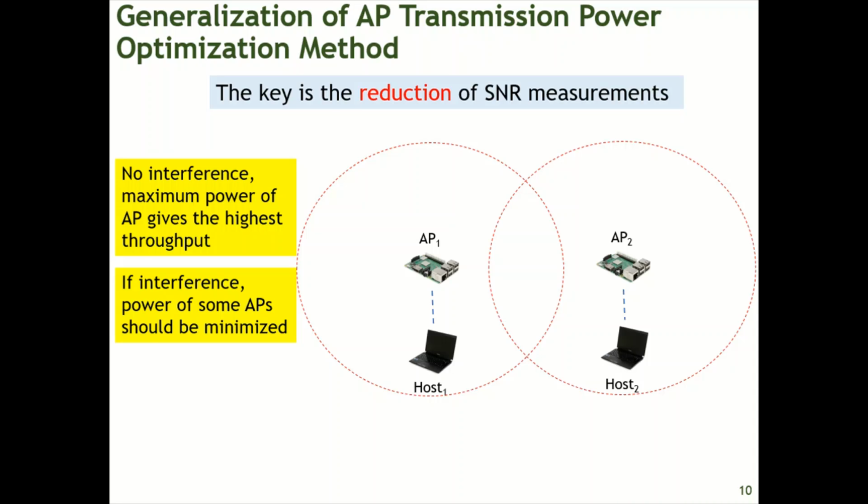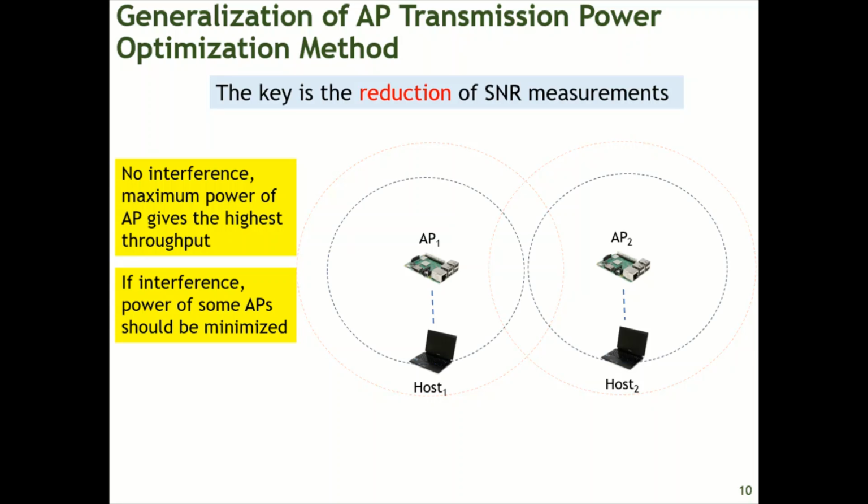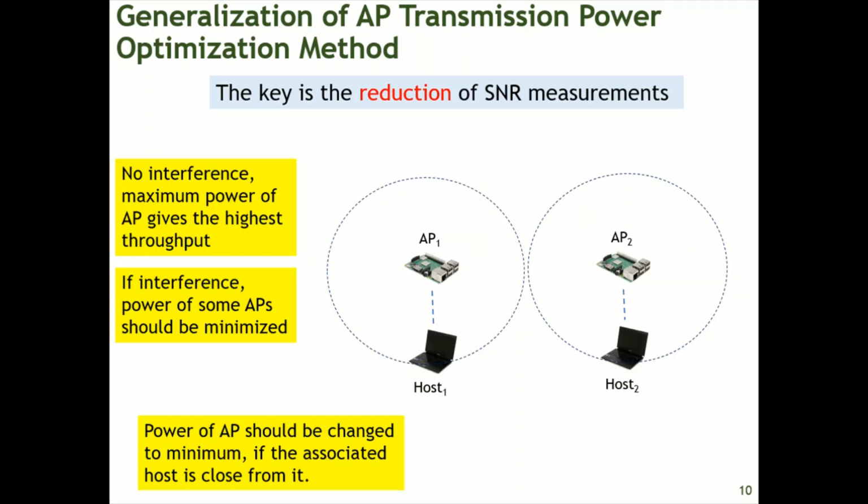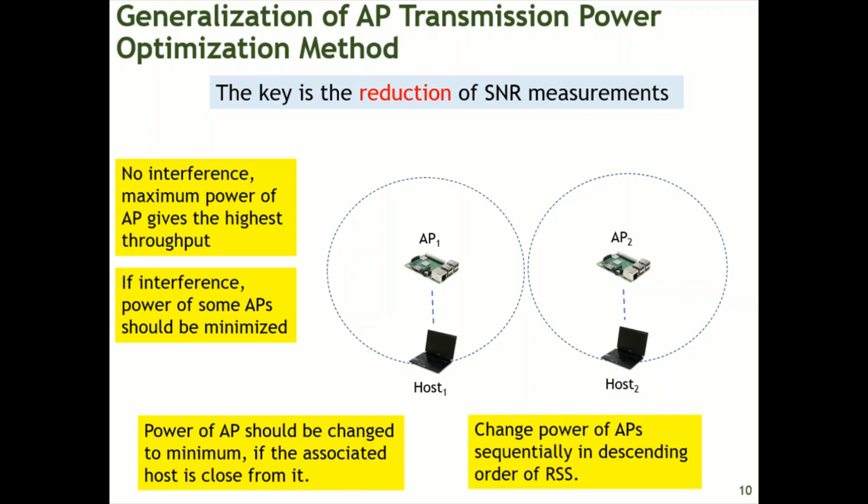When the distance between the AP and the host is short, even the minimum power of the AP does not decrease the total throughput due to the nonlinear feature of the throughput performance. Then power of an AP should be changed to minimum if the associated host is close to it. And then we change power of APs sequentially in descending order of RSS.